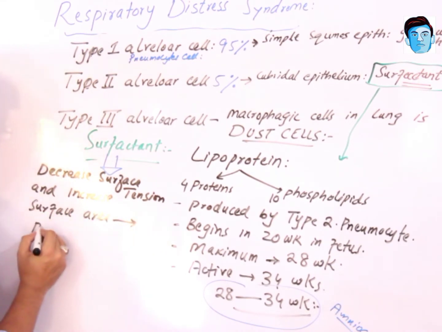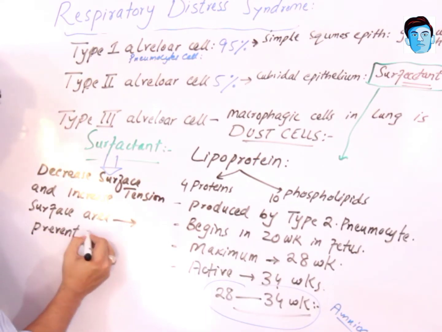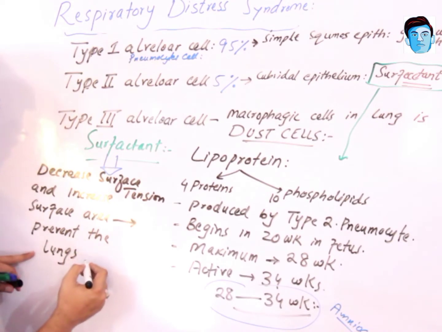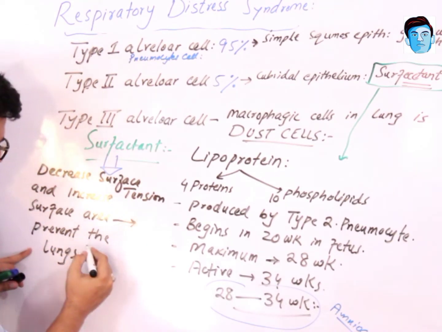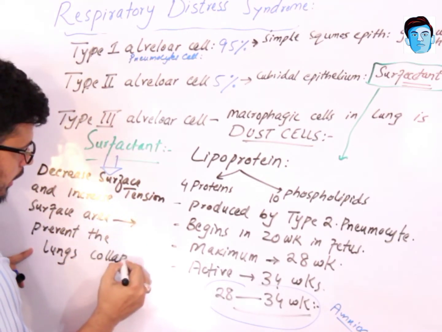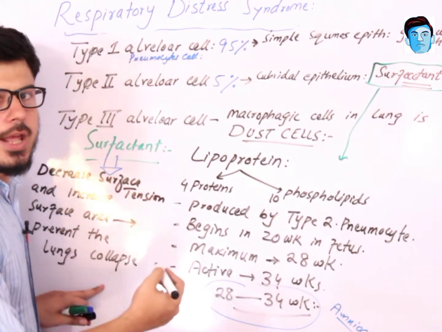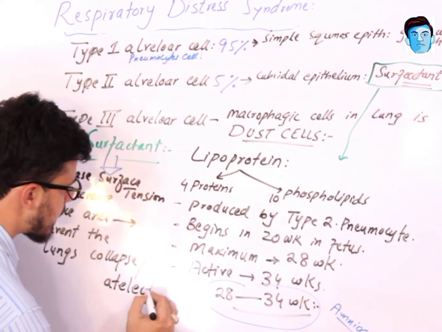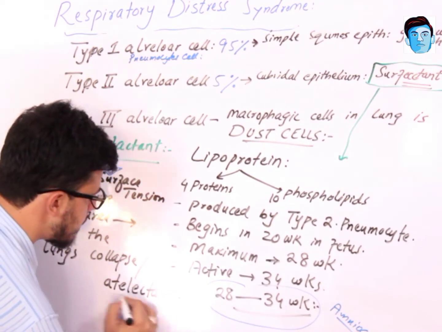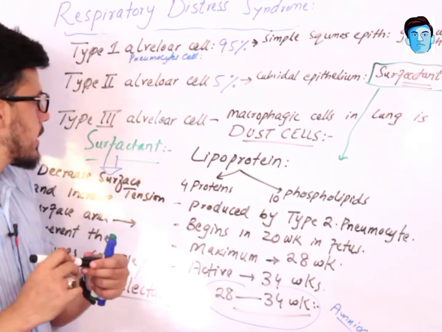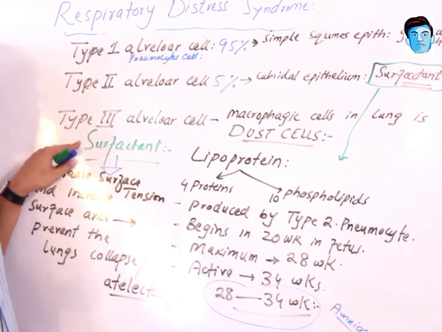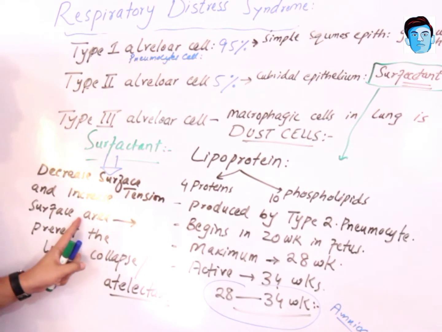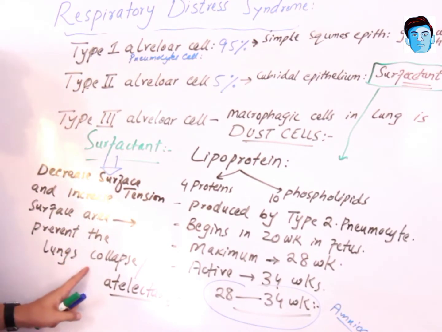Just to prevent the lungs from collapse. Lung collapse is also known as atelectasis. So we can simply say that this surfactant helps in prevention of atelectasis. So what is the major function of surfactant? Just to decrease the surface tension and to increase the surface area to prevent the lung collapse.